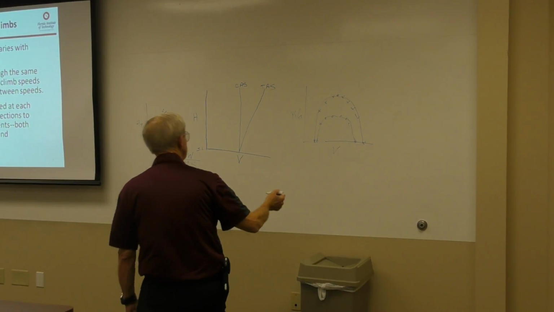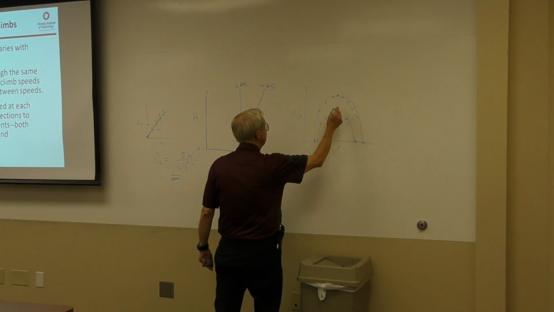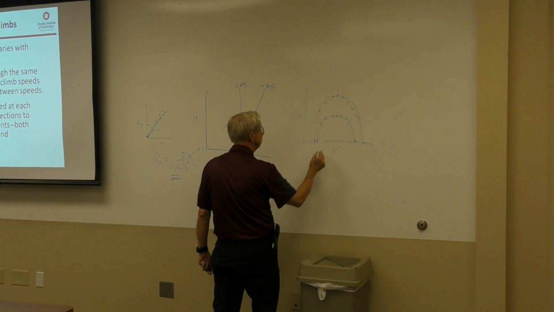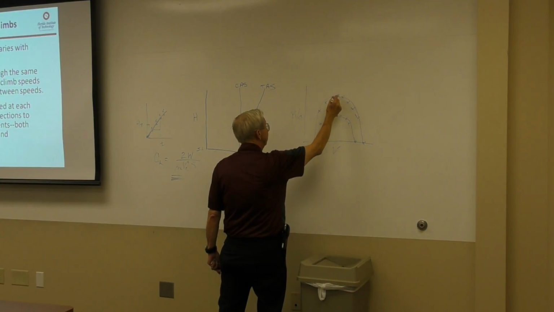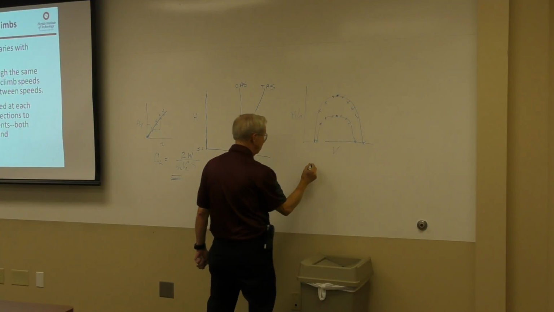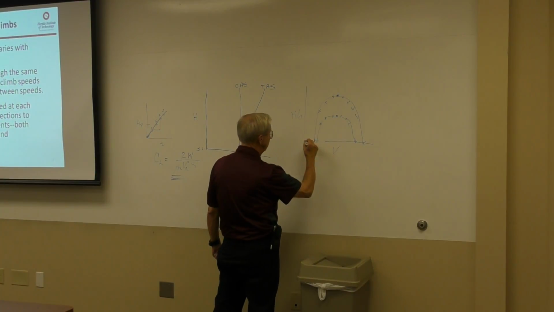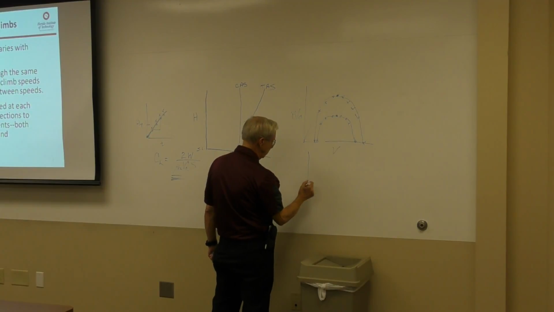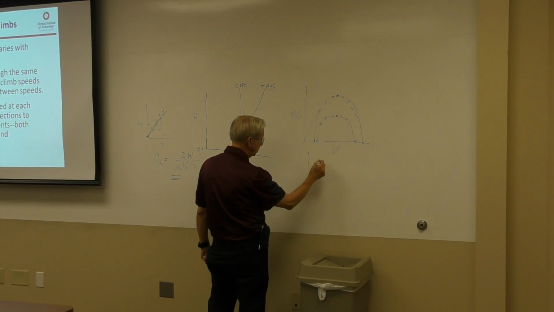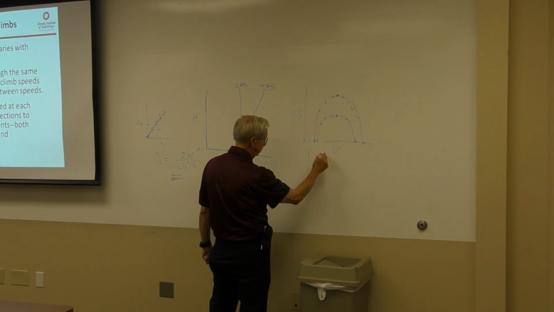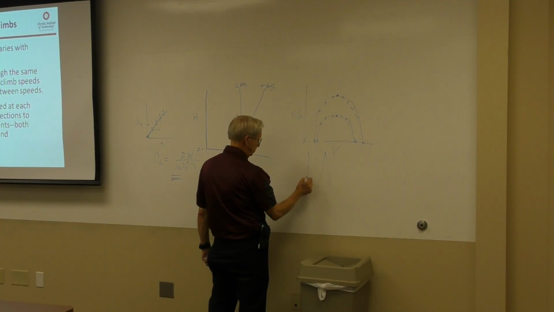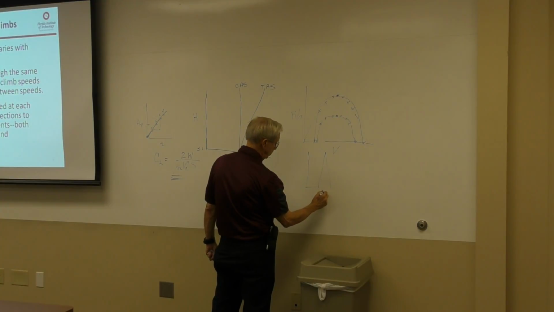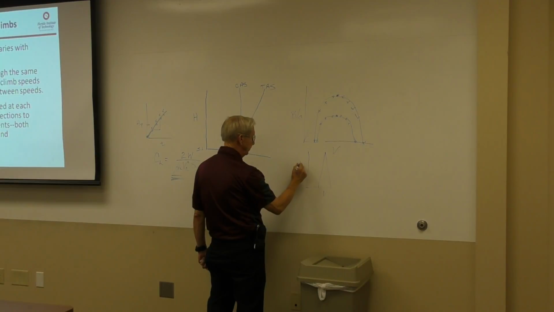But from that, we plot this up and we can determine from these curves what the best rate of climb speed is, and also what we call the best angle of climb, and from that we can plot up this being airspeed here, and this being altitude.